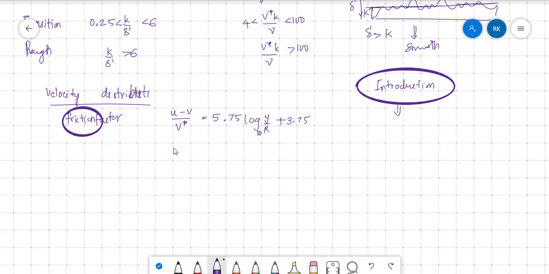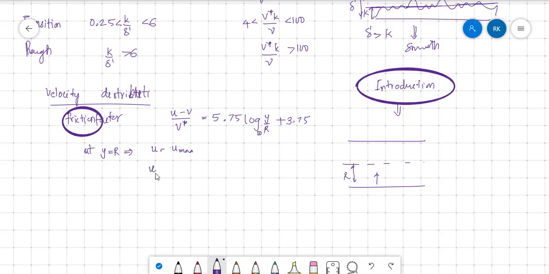So now from this, let us see what is Umax. Where will the maximum velocity be? Maximum velocity will be at the center. What is the center? At y is equal to r, where y is measured from the pipe wall surface. So the center is at radius r.